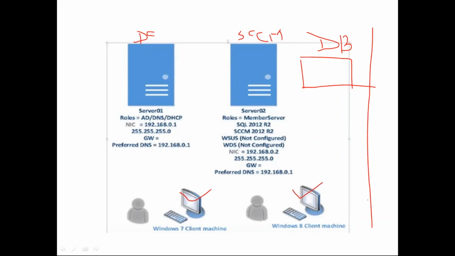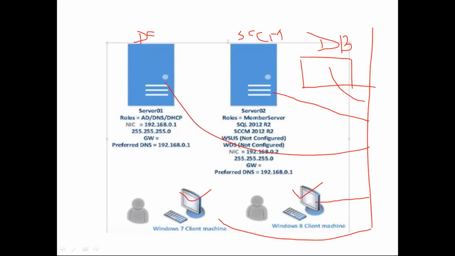All of them will be joined to one LAN network. If you don't have the hardware, you can put the database on the same server as SCCM itself, so you don't need a database on a different server. That's how you can set up your lab infrastructure.